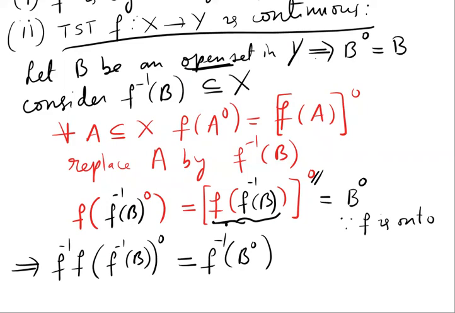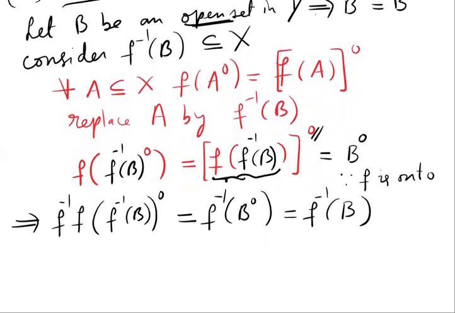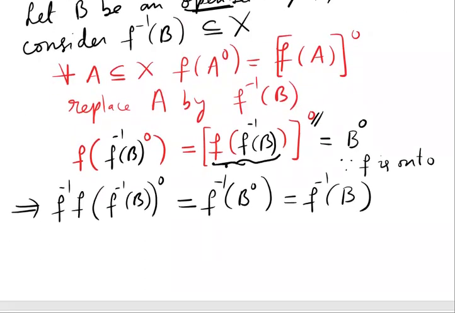Correct? Now, can you tell me what is that equal to now? F inverse B interior is nothing but B. Right? So what have we got now? So what is the LHS? In the LHS, we have F inverse F, and our F is 1, 1.